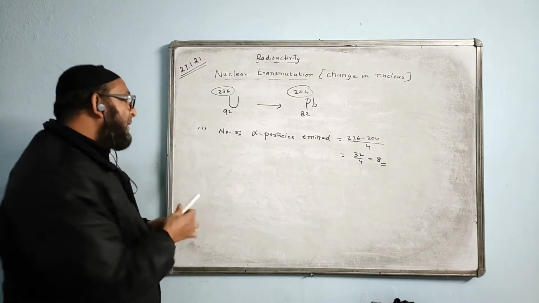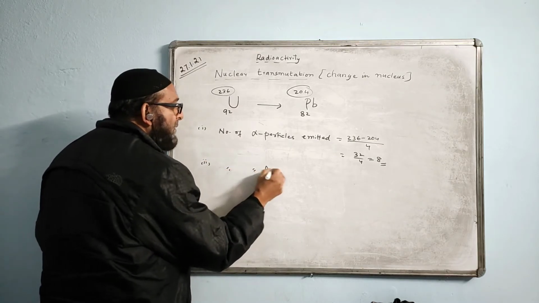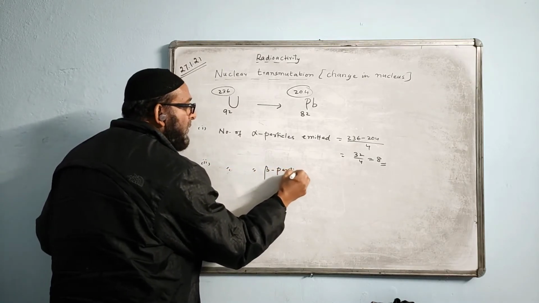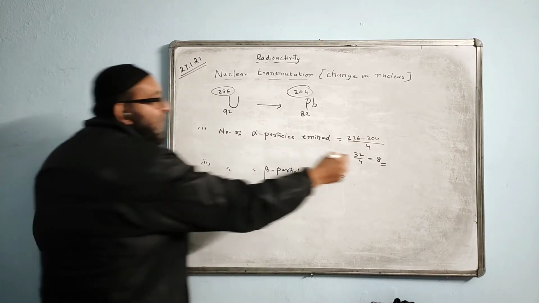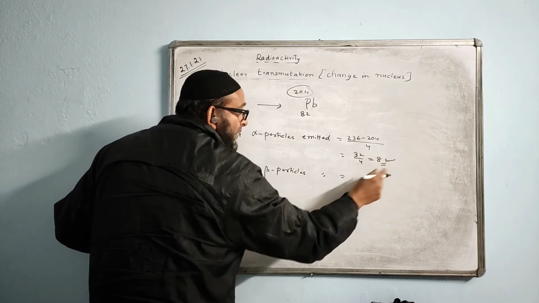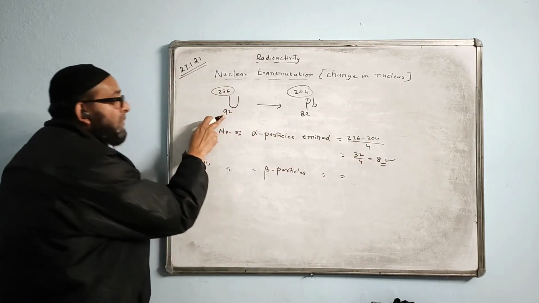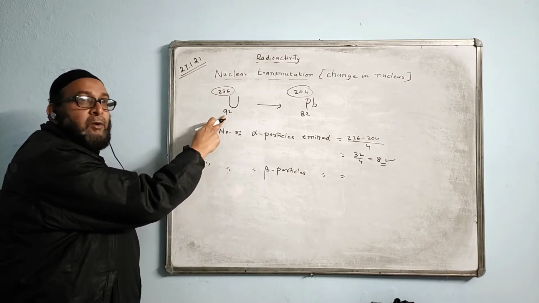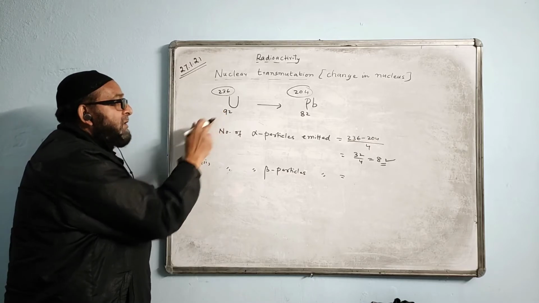Now beta particles are also emitted, they are saying. So write the number of beta particles emitted. When 8 alpha particles are emitted, just mind it very carefully, do you think this number will remain the same or will it also change? The answer is, this will also change.